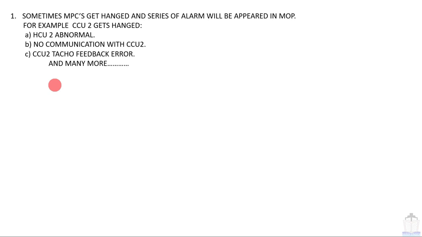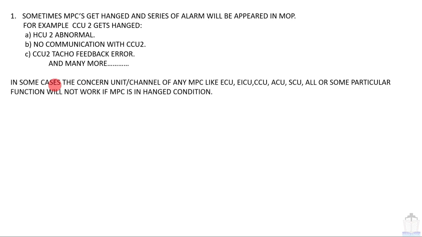I am summarizing the same thing which we have learned just now. In some cases, the concerned unit or channel of any MPC like ECU, EICU, CCU, SU or some particular function will not work if the MPC is in hang condition. That means the MPC is hanged, but you will find some of the MPC channels are working and some are not working. That is also called a hang condition.